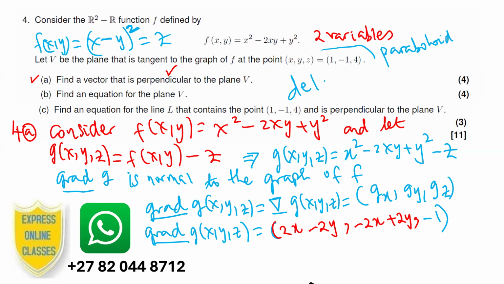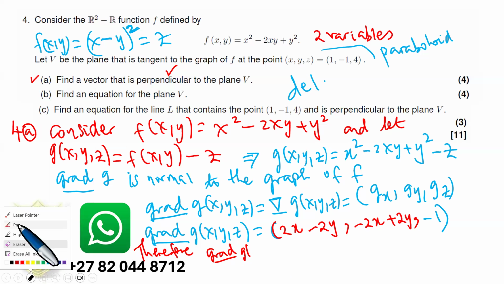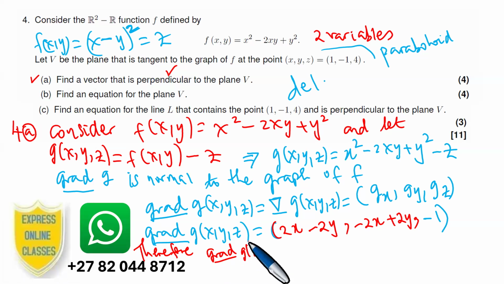And so we can continue and say, therefore, the gradient of g at 1, minus 1, 4.